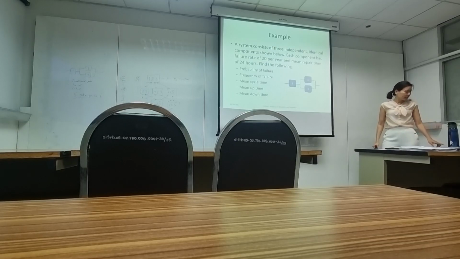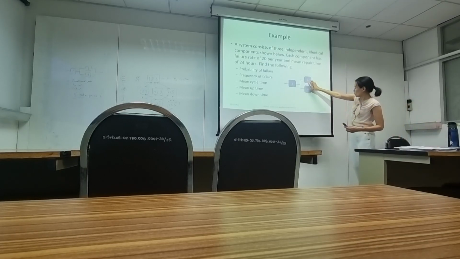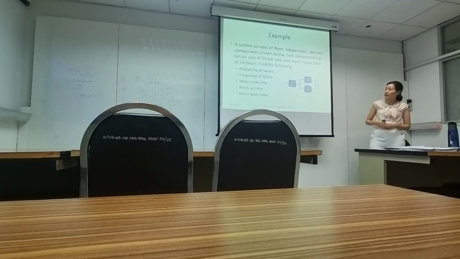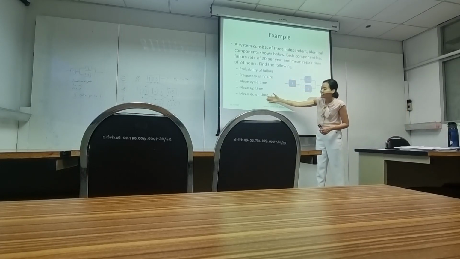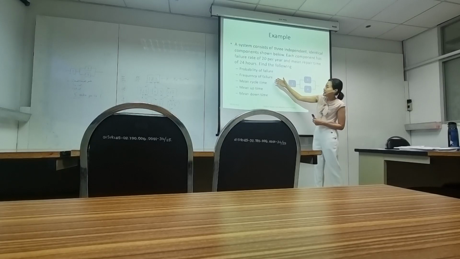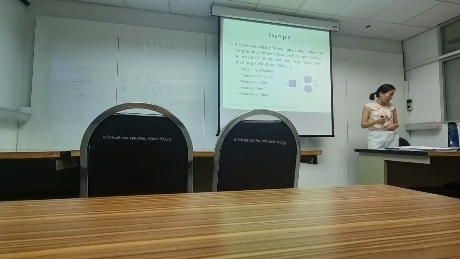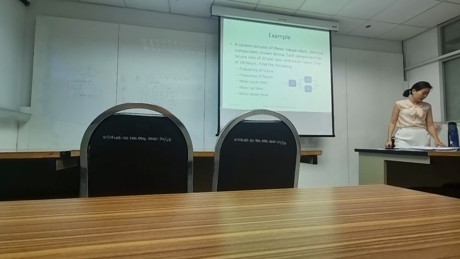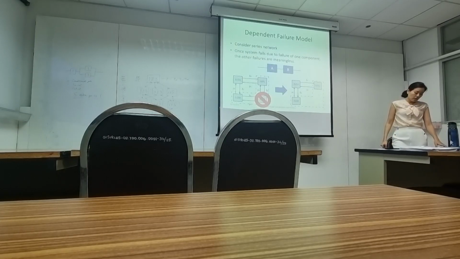Now, the network reduction method can be used to solve this problem. You can calculate all these reliability indices: probability of failure, frequency, mean cycle time, mean uptime, and mean downtime. Next lecture, we will look at this kind of dependent failure model, and we'll see that all the analysis that we do here, network reduction, tie sets, cut sets, just doesn't help.